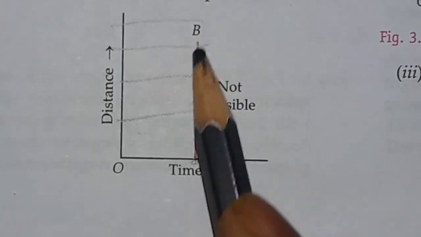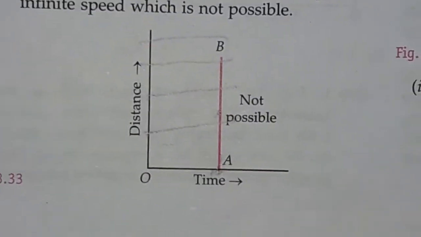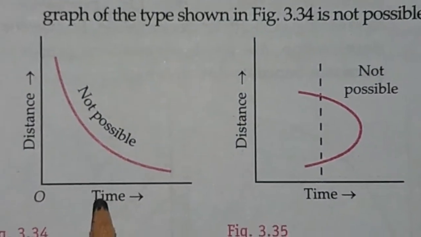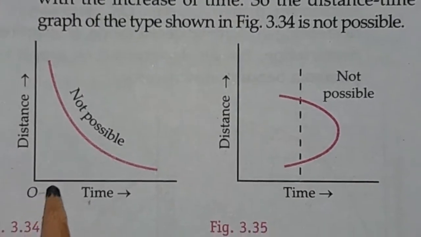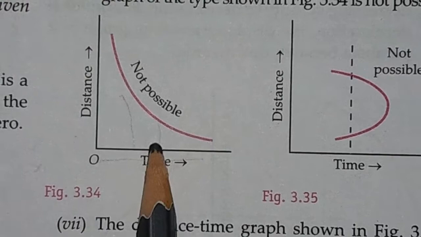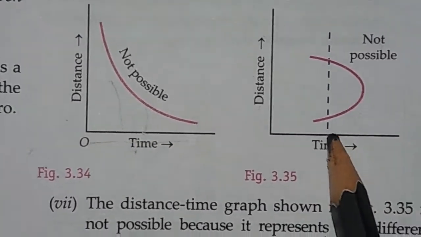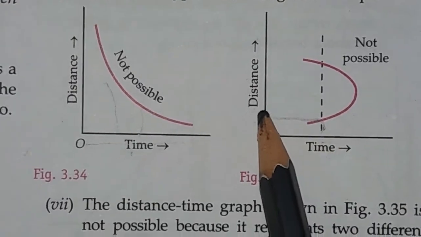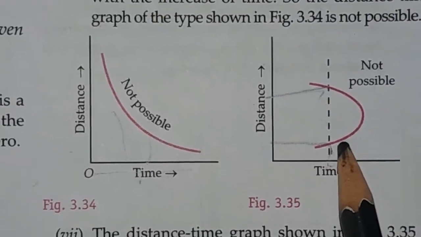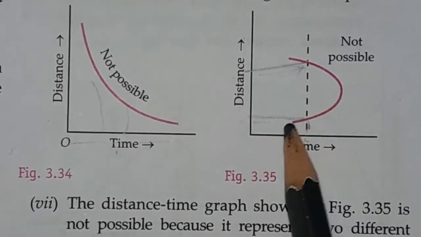This is also not possible because time is increasing and distance is decreasing. This distance time graph is also not possible because at the given time I have two distances. It is not possible that a body has traveled two different distances at the same time.